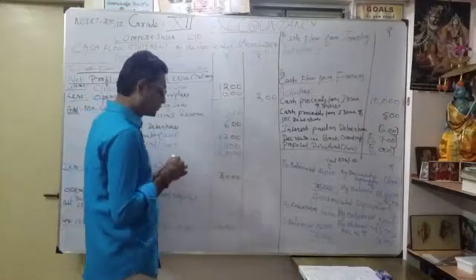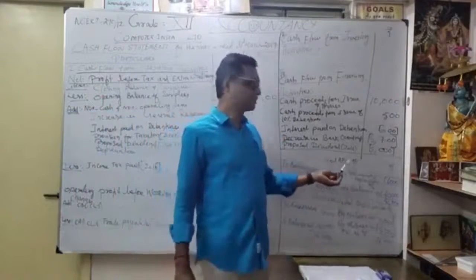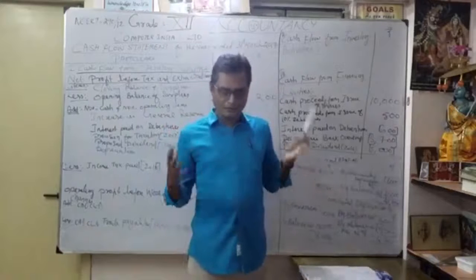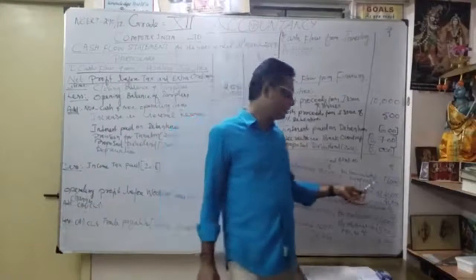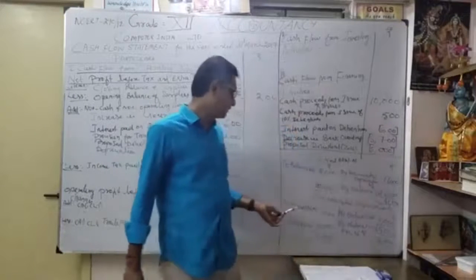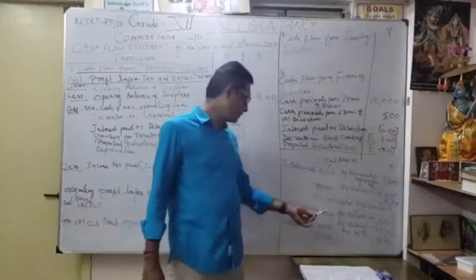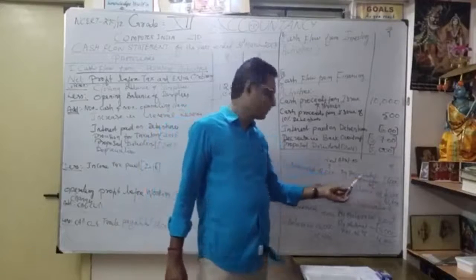See, for preparation of the two accounts, first we will get the balance for preparation of the fixed asset account. Here, no sales, no purchase. So ultimately what you will get? By accumulated depreciation 1,000. Depreciation posting here. Now what is the journal entry? Accumulated depreciation account to fixed asset. Corresponding credit, corresponding debit.